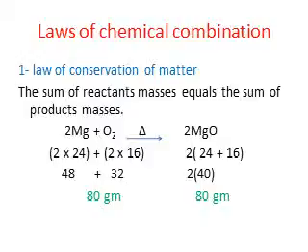Like our example, we have two magnesium atoms plus two oxygen atoms and we get two MgO magnesium oxide molecules. If we calculate the mass of the reactants as shown, we get 80 grams of reactants, and we calculate also the mass of the products, we get 80 grams of products.